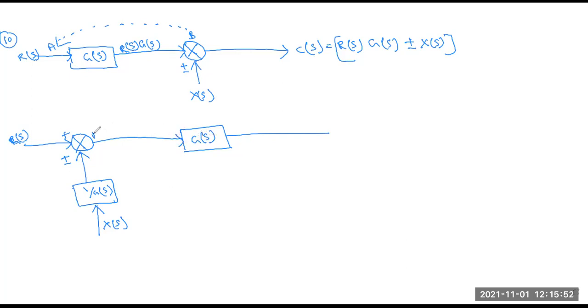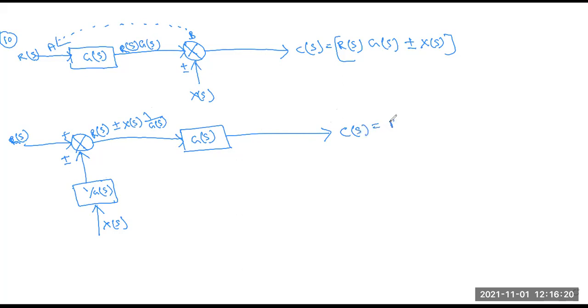So here the equation is R(s) plus minus X(s) into 1 by G(s), because this is X(s) plus minus X(s) into G(s). Now finally you have to write what the basic output is from here. That is C(s).